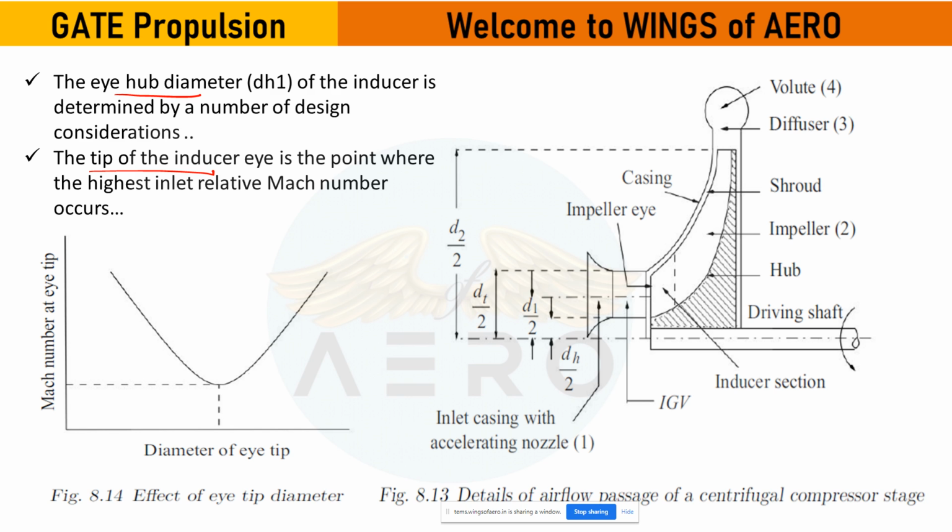Now in this, the hub diameter of the inducer can be determined by a number of design considerations. First, it can induce stress and vibration.